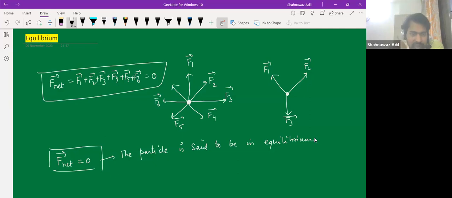Yes, sir. Similarly, in the case of electrostatic force, let's say you have a charged particle, and forces are acting in every direction. Other charged particles are there, some attracting, some repelling. If the total force on that charge is zero, then that charge would be called at equilibrium, right?